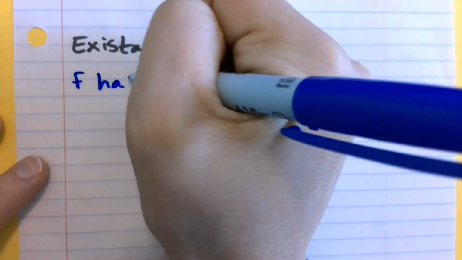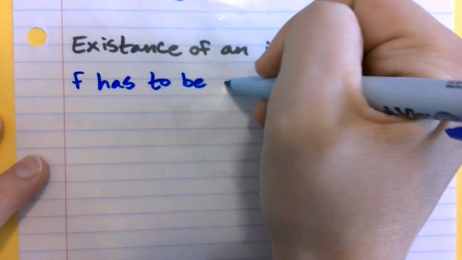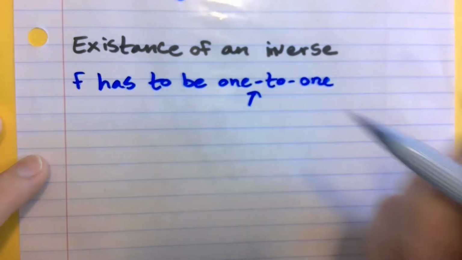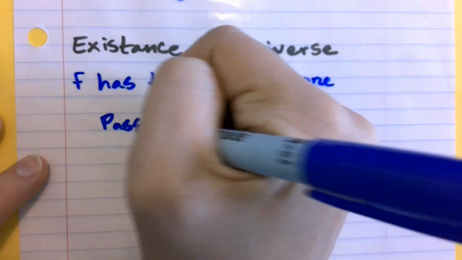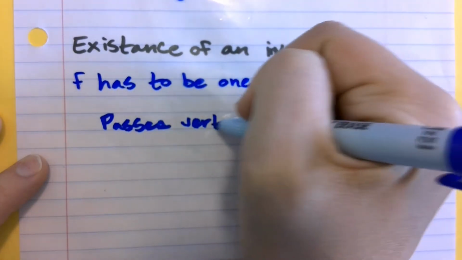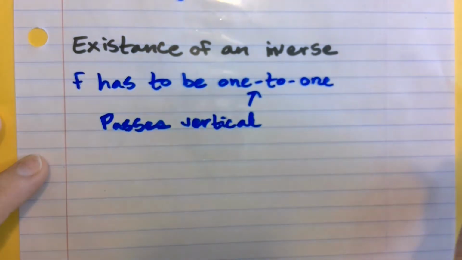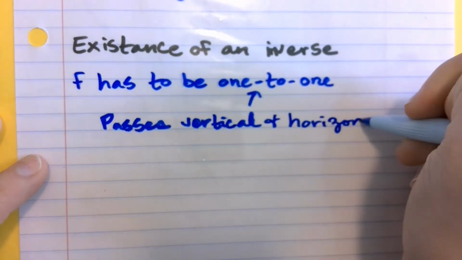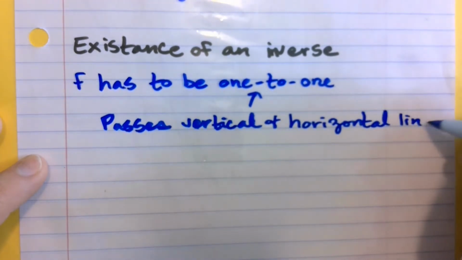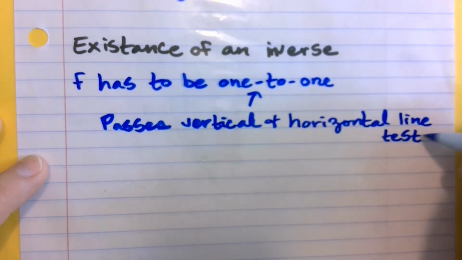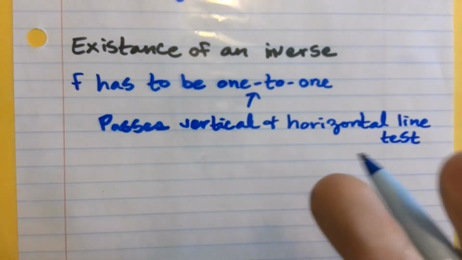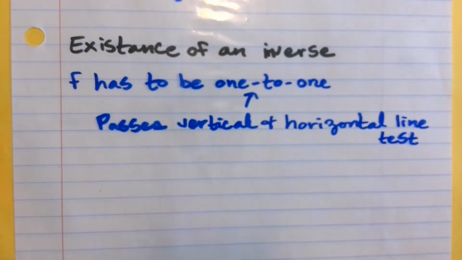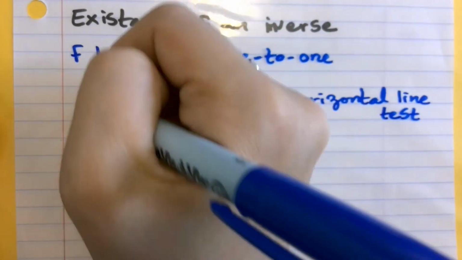So f has to be 1-to-1, which all this means is that it passes the vertical line test, because that would make the original a function, and the horizontal line test, because that's going to guarantee that when I flip those x's and y's, the inverse ends up being a function as well. So it's got to pass the vertical and the horizontal line test, or in calculus terms, if it is monotonic.